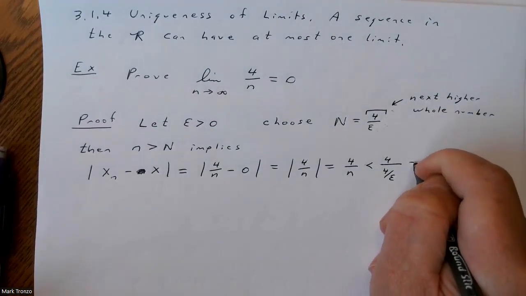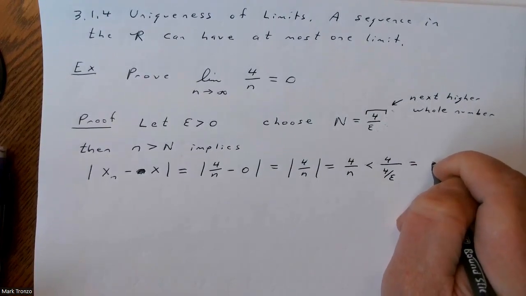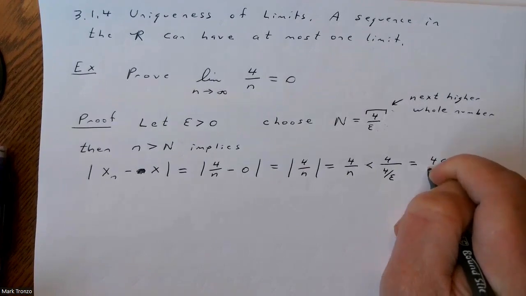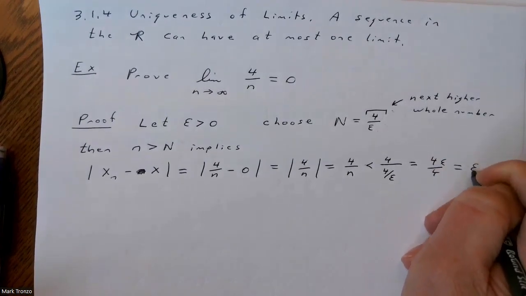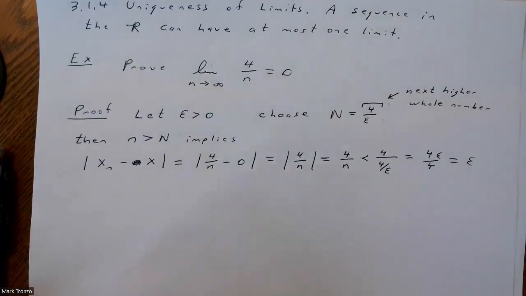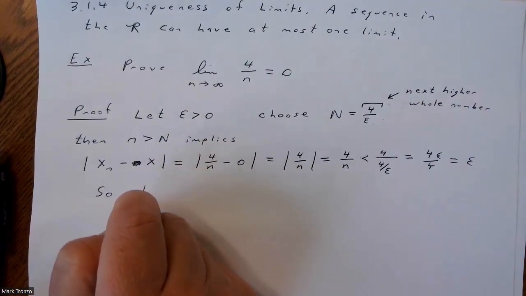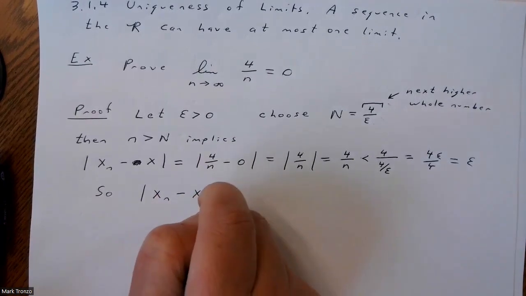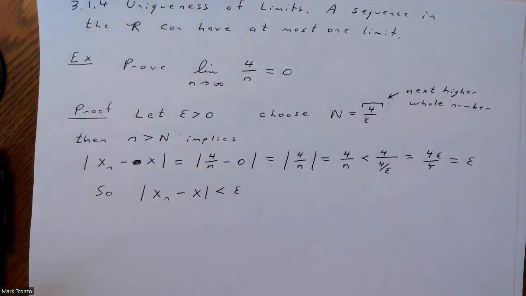And then let me put all the steps in. 4 epsilon over 4 equals epsilon. So x n minus x is less than epsilon, like that.